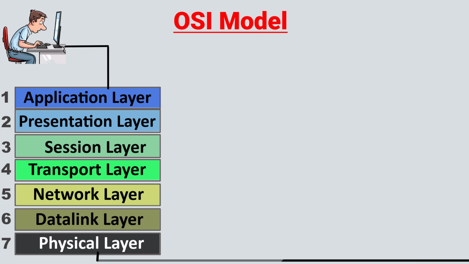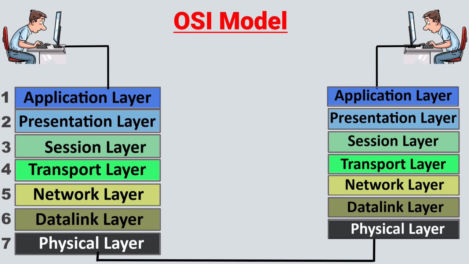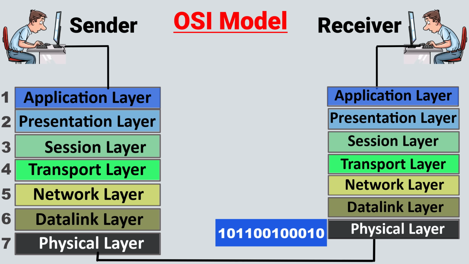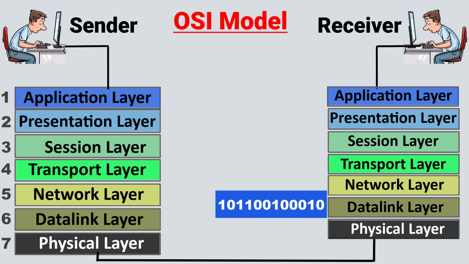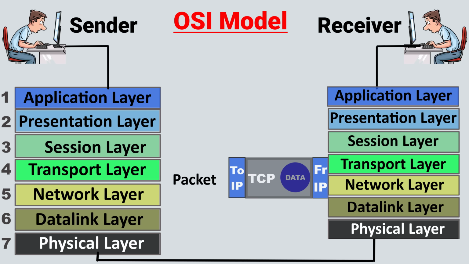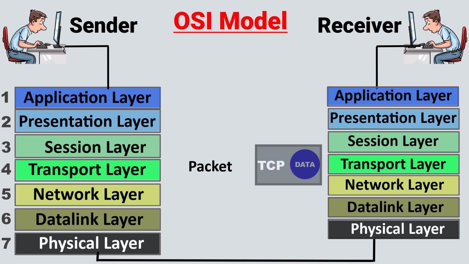When the signal reaches the physical layer on the receiver side, the same process that happened on the sender side repeats on the receiver side, but in reverse direction. When the signal reaches the physical layer on the receiver side in the form of an electrical or light signal, the physical layer converts it into binary bits 0 and 1 and sends it to the data link layer. The data link layer converts them into a frame and forwards that frame to the network layer. The network layer checks the to and from IP address, confirms this is its logical IP address, and sends these packets to the transport layer.